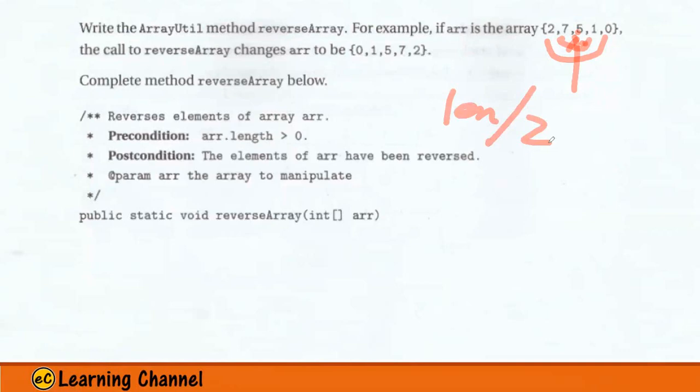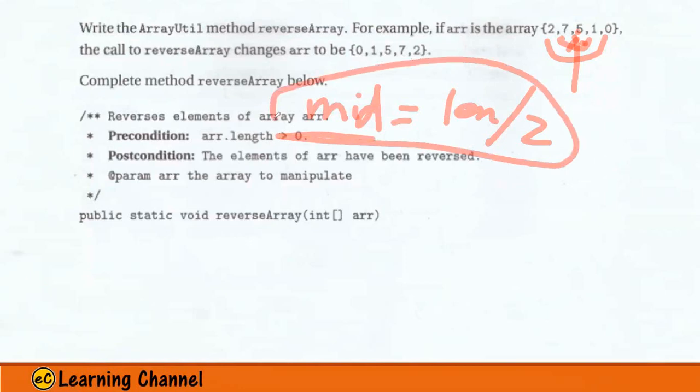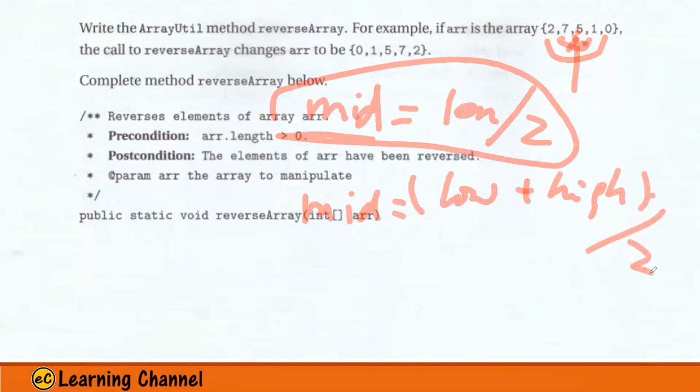The midpoint has 2 ways to calculate it. The first way is length divided by 2. The second way is low plus high, divided by 2, which is 0 plus length minus 1, divided by 2.